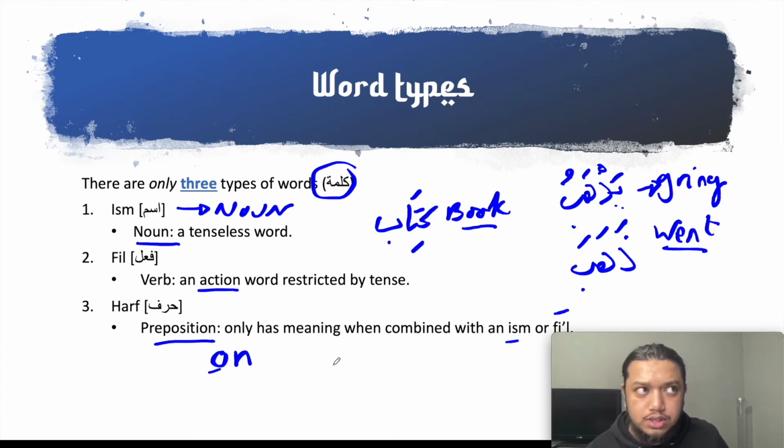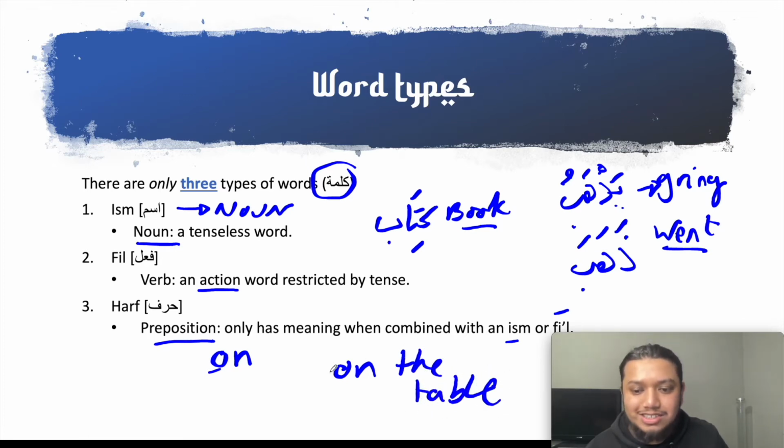So you can't just say on what? You get me? It has to be on the table or on the desk or something like that. So the meaning of a harf, a preposition, is only unlocked when it's combined with an ism or a fi'l. This will become much clearer to you as we progress along later lessons and start building sentences and whatnot.